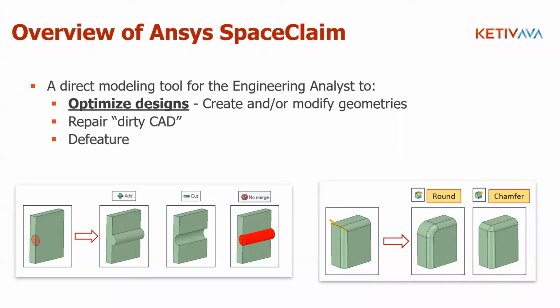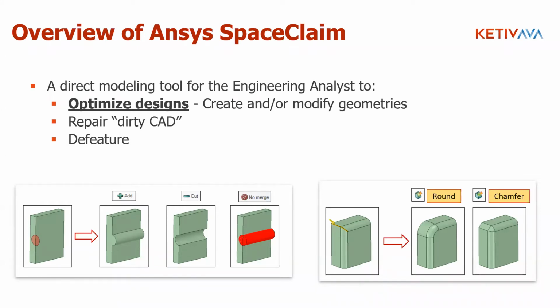We can make not just changes, but we could also create new geometries. Ansys SpaceClaim has many features that are very similar to your CAD tools, for extruding and cutting or making rounds and chamfers. Here are some examples I have here in these screenshots. These images were taken from Ansys.